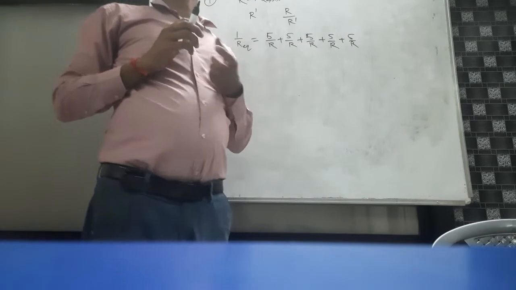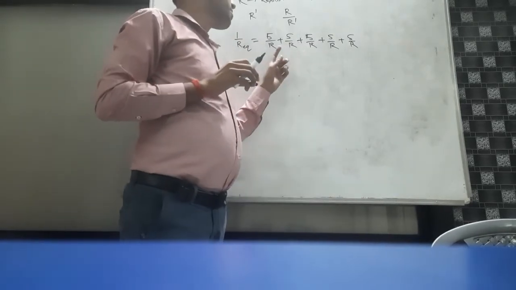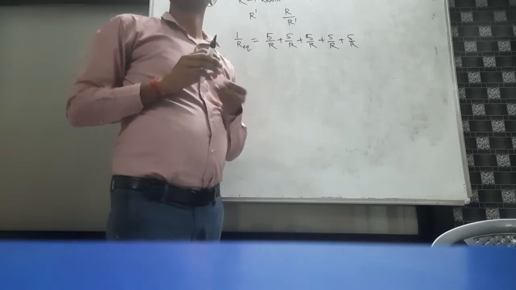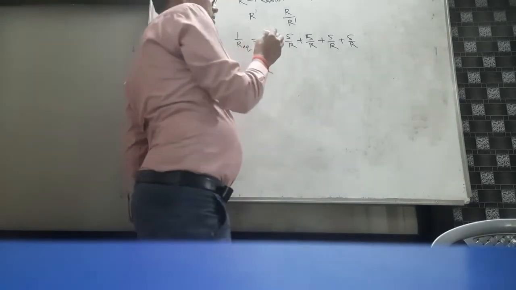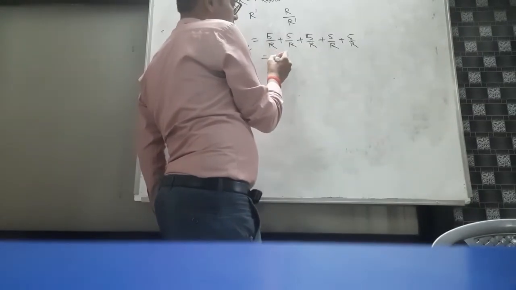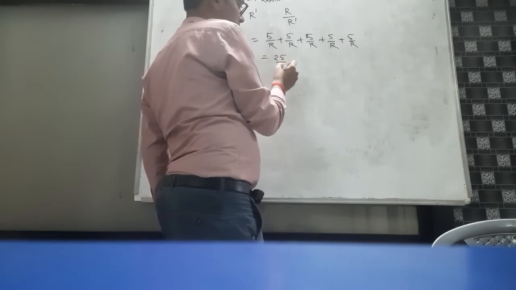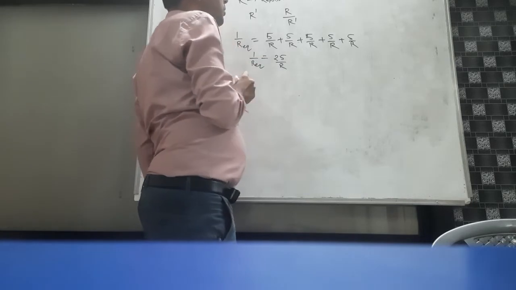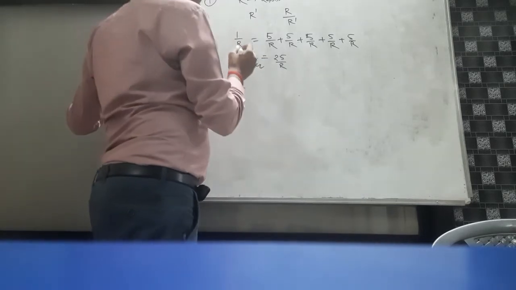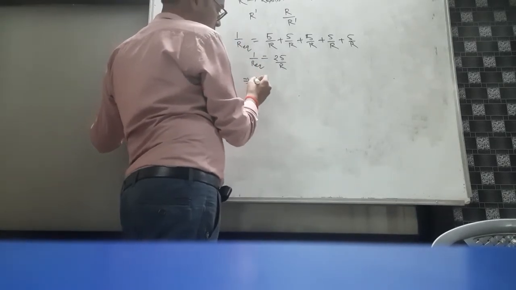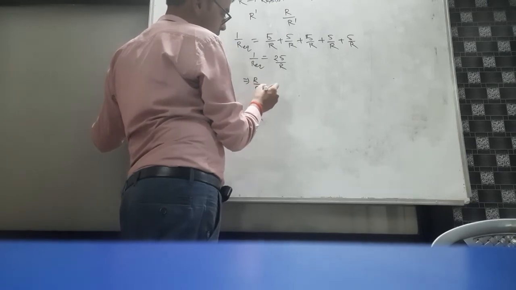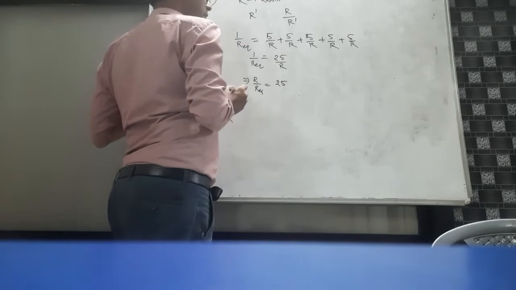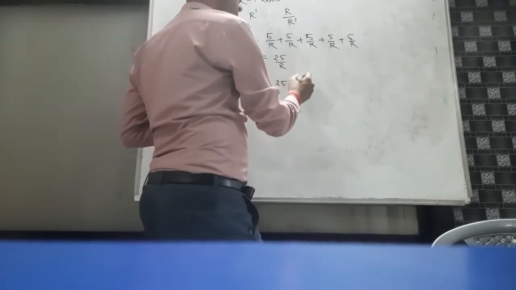Because these are 5 equal resistances: first, second, third, fourth and fifth. If we sum these, we get 25 upon R for 1 by R equivalent. Then R over R dash, R over R equivalent, equals 25. This is your first answer.